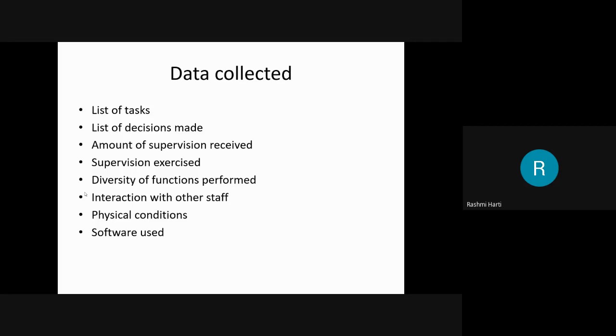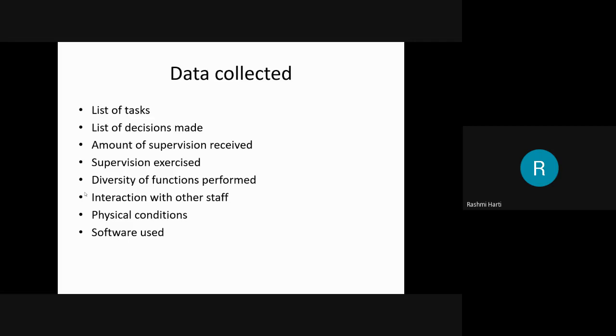Then, what data is collected by these tools? The first data collected is the list of tasks being done in the job. Here you collect the list of tasks which are done in the job. Then you collect the list of decisions being made in the job by a particular person.